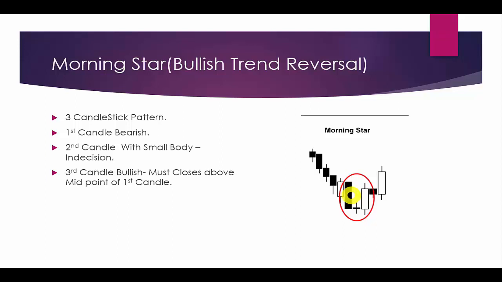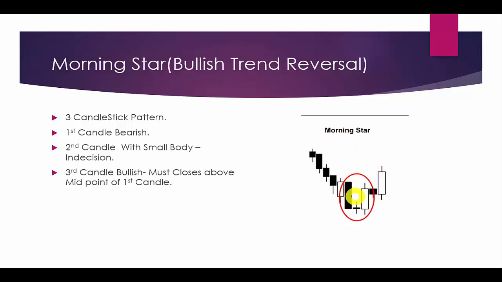First candle should be bearish, second with small body and long tails, indecision, 50-50 chances of the market being bullish or bearish, and third one should close above. So whenever it closes above the midpoint of the first bearish candle, we can say that the morning star candlestick pattern has been formed. Now I will tell you why this pattern has been named morning star.